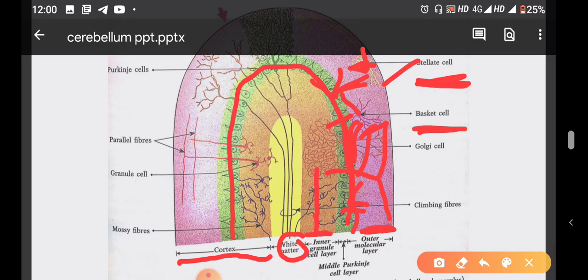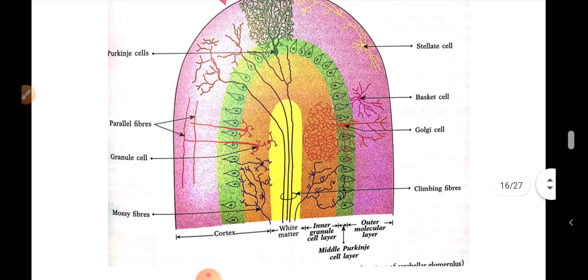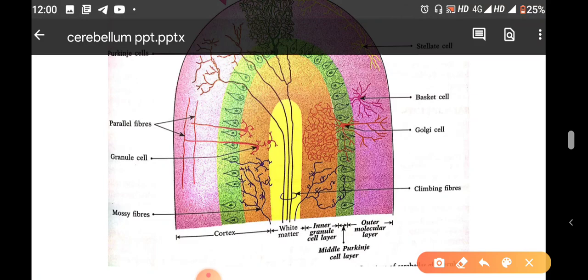Also the climbing fibers from the inferior olivary nucleus. In the diagram, these are the climbing fibers, and they move up to the outer molecular layer.